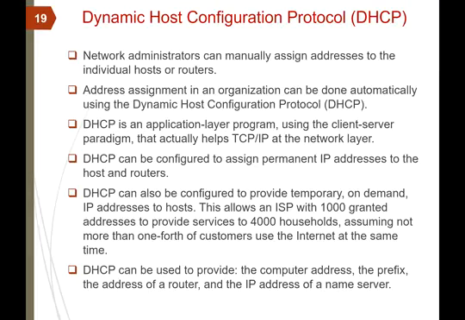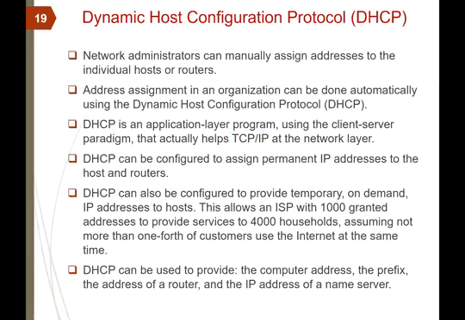Actually, we rarely use manual IP addresses for clients. Only, for example, in a managed network where you have servers and an administrator will assign IP addresses manually. Address assignment in an organization can be done automatically using this protocol. DHCP is an application layer protocol, okay?